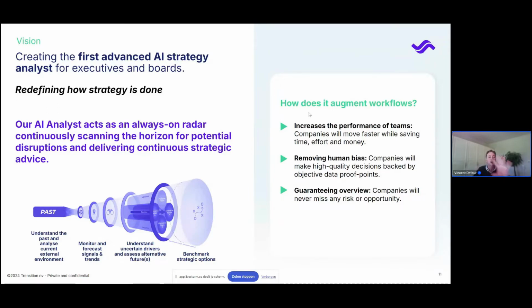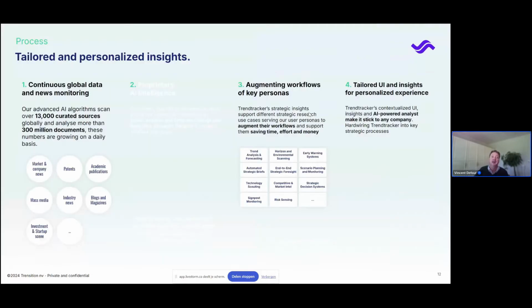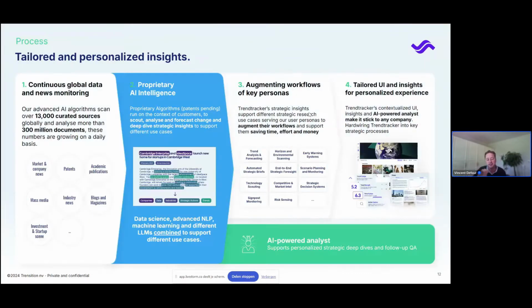So that's the vision that we set 4 years ago for what we are trying to accomplish with Trendtracker. And the underlying idea of how we are adding value to our customers is that, first of all, we monitor a lot of data sources.